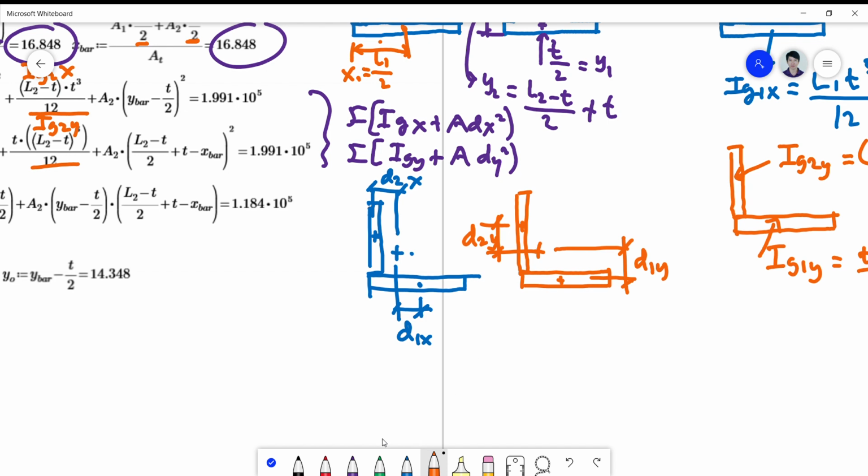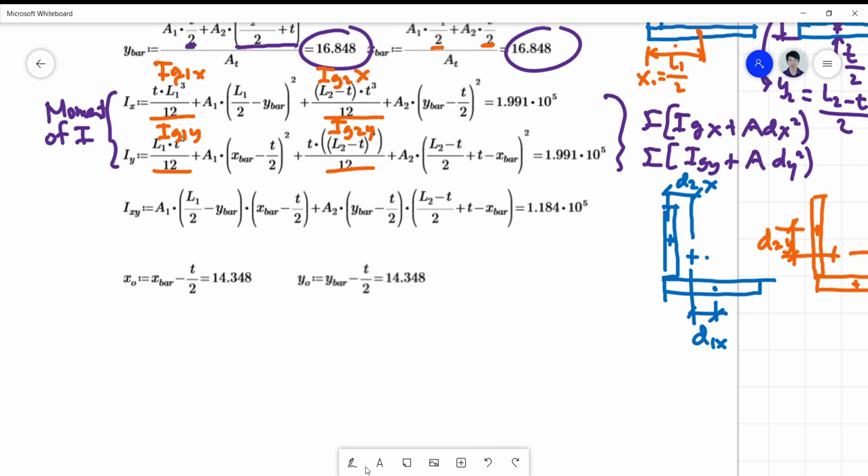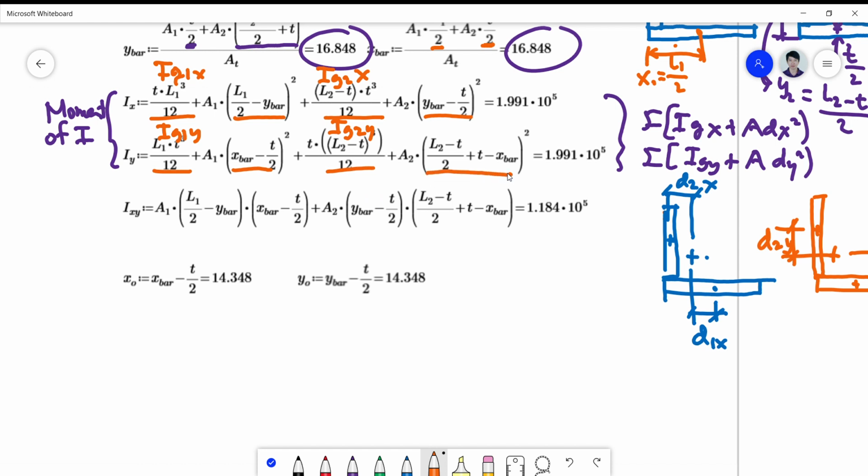Okay, so these values are summarized here. So this is my d1x, d2x, and these are my d1y and d2y. Okay, so they are complete. And normally, since it's symmetrical, your check is simply by looking at the values; they must be the same.